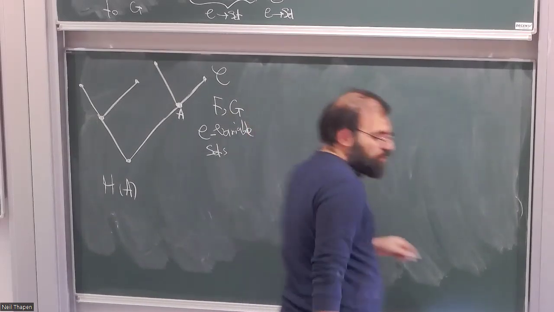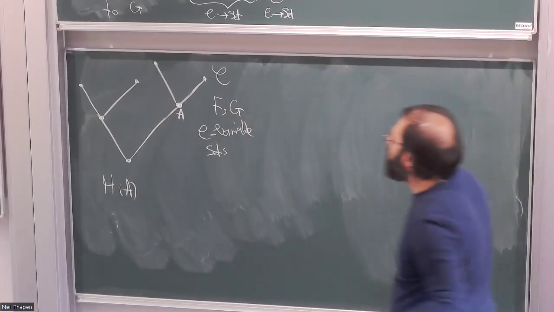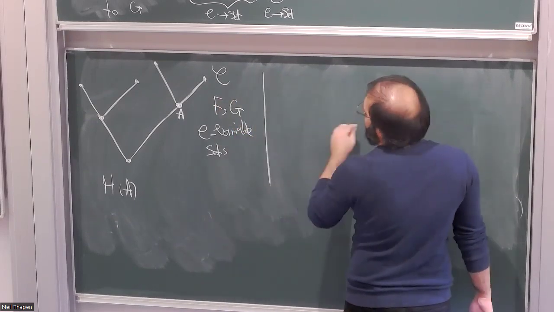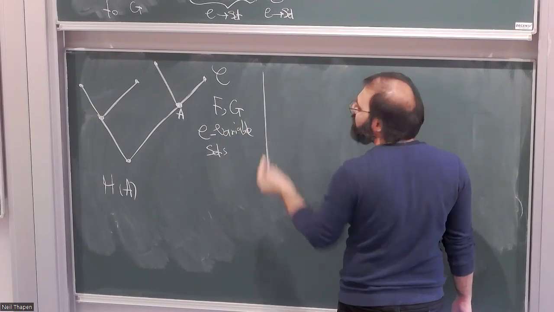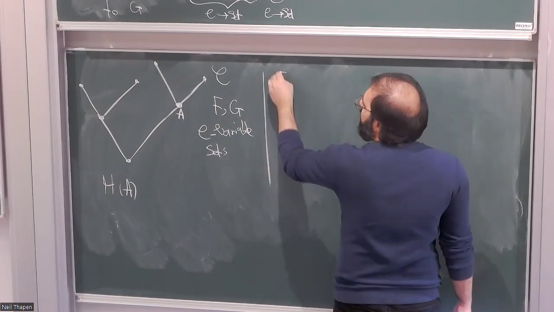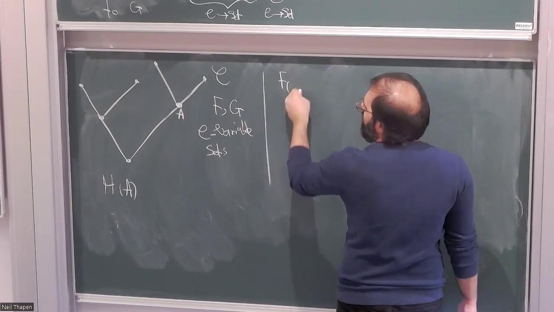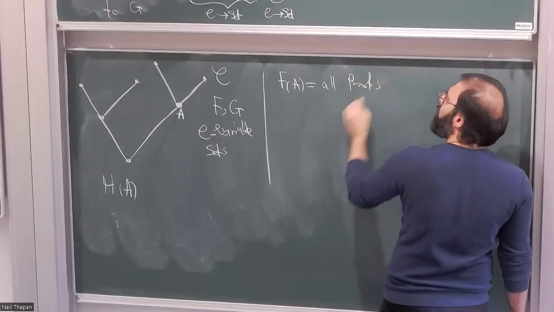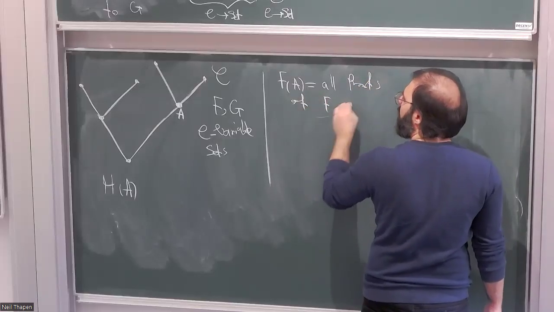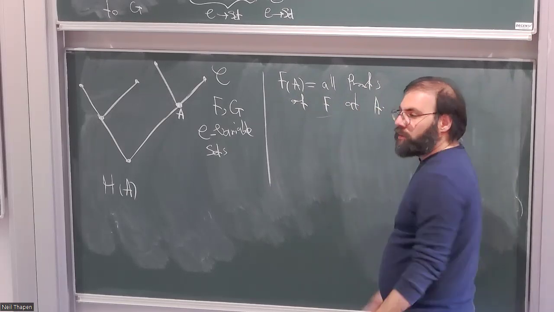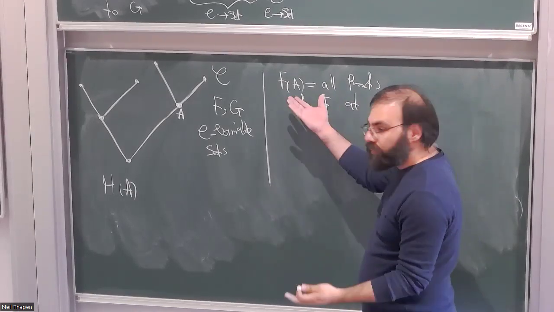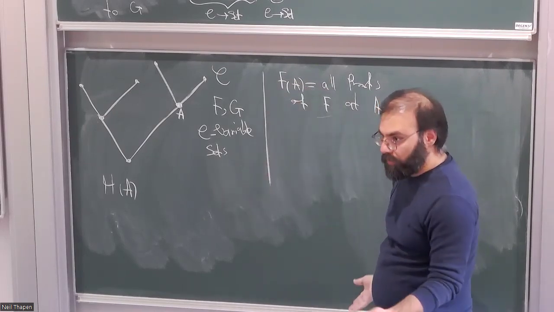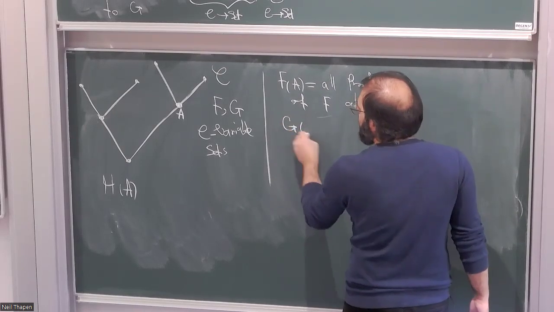So now I want to use the logical intuition that we have. Let's say for a moment that these F and G variable sets are some propositions. F is a proposition, G is a proposition. By F of A, I mean all proofs of F at A. At some point, I have some proofs of some proposition. Sometimes it is empty, sometimes it is big, whatever. So you have two propositions.